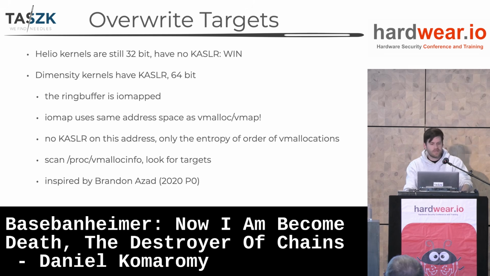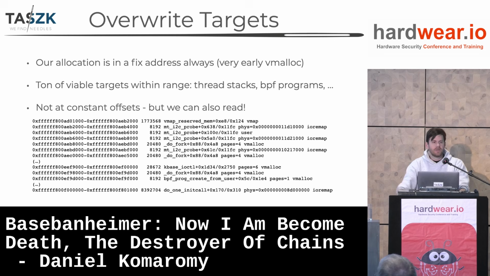But the Dimensity kernels are 64-bit. So at first it looks like, well, are we going to get lucky? But the long story short, and here a shout out to Brandon Azad, who in a totally different context did some work on heap corruption exploitation, but on vmalloc, not normal kmalloc, is that the address space is really super packed. Even though at first the 32-bit range sounds like there's going to be nothing there, or not enough, or the good things are too far away, in reality it's the total opposite.